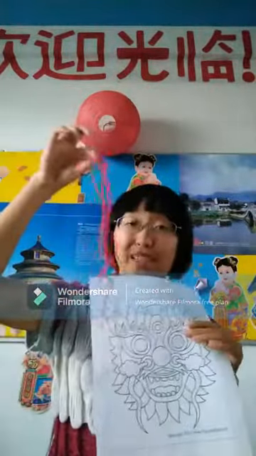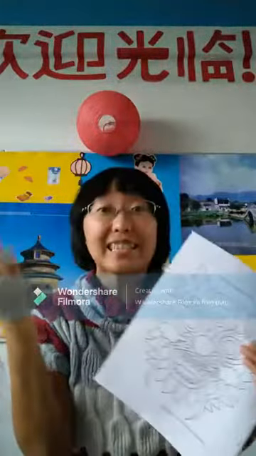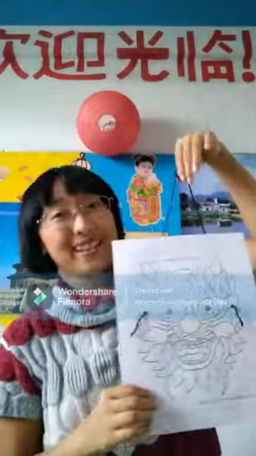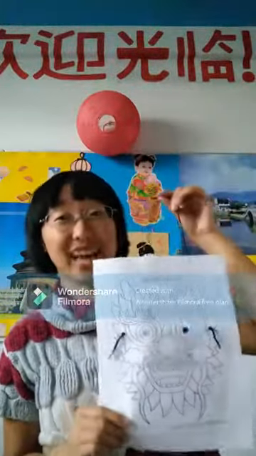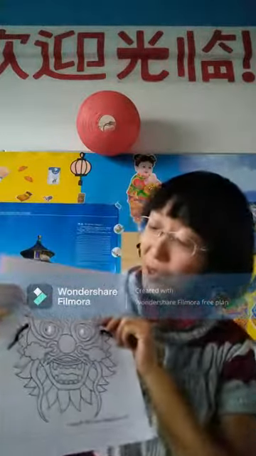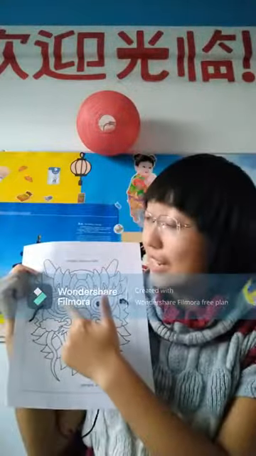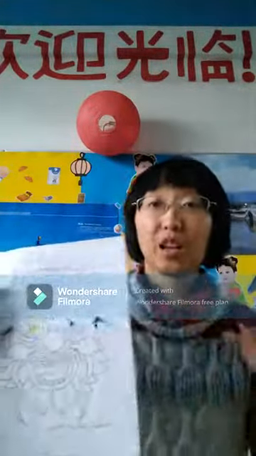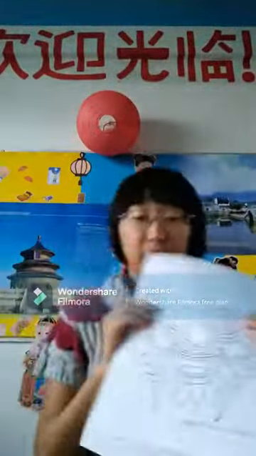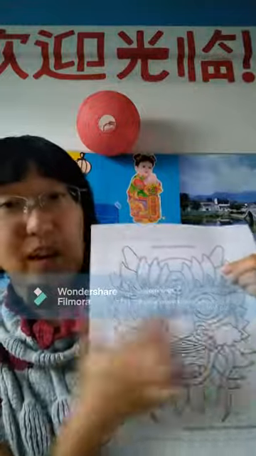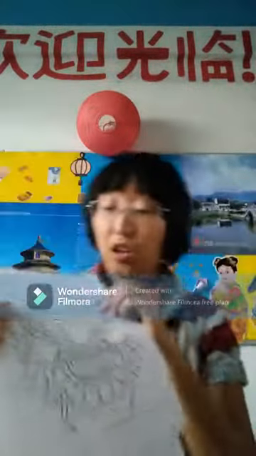Then we're going to use this string, and of course also the scissors. Here I already made one. Look, this is the Chinese dragon mask. It's actually also very easy. Firstly, we cut out the eye part. Then, we also cut out this one and this one, these two very tiny circles.